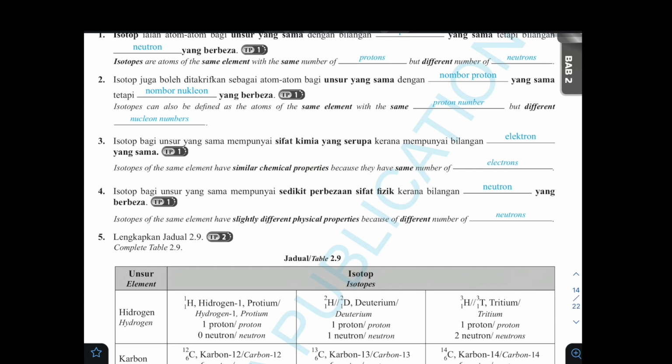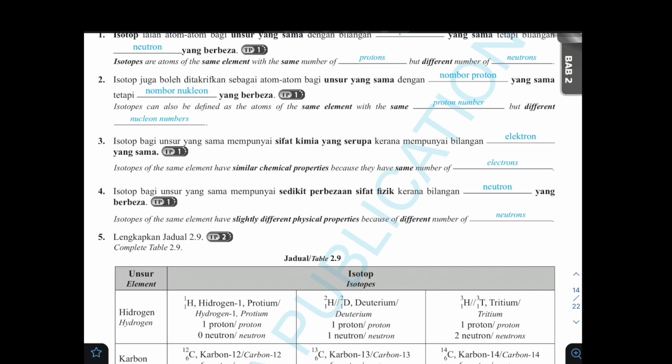Baik kalau yang ini kalau saya bertambah poin nombor 3 ni kelas, isotopes of the same element have similar chemical properties because they have the same valence electron ya. Itu pun diterima juga ya.